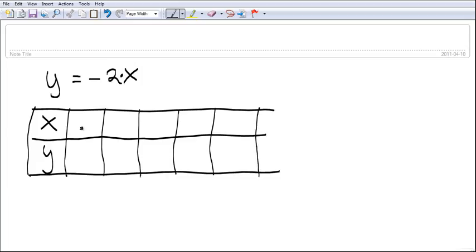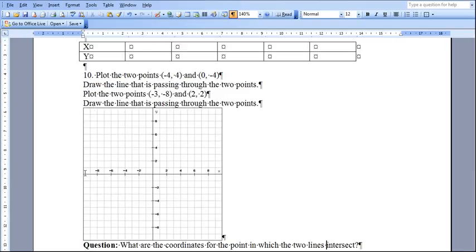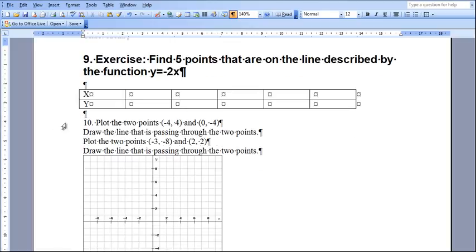Okay, so the strategy is quite simple. We just choose any value of x, and then we calculate the value of y. Sorry, this is the next exercise.